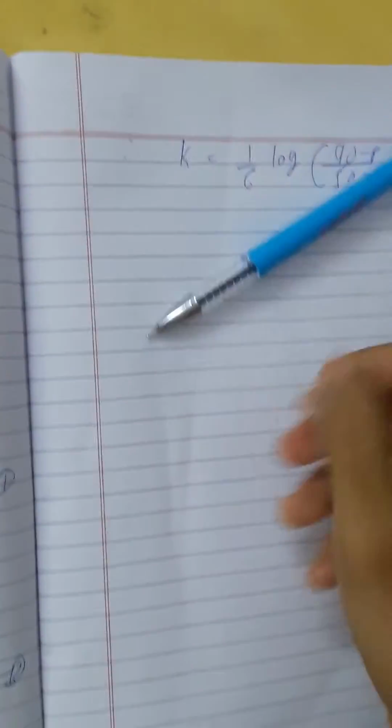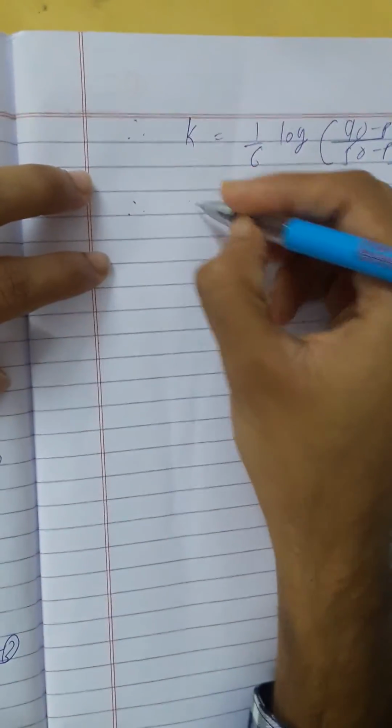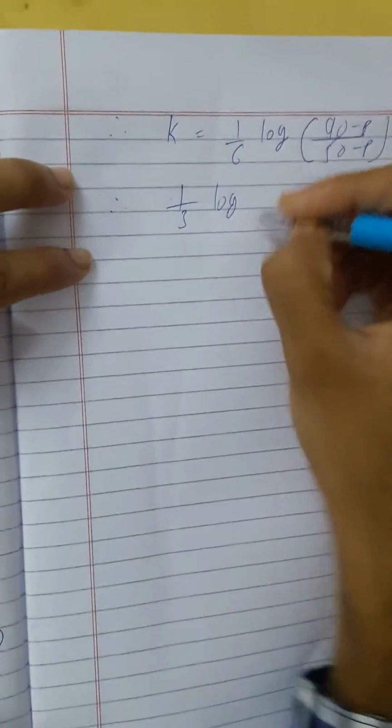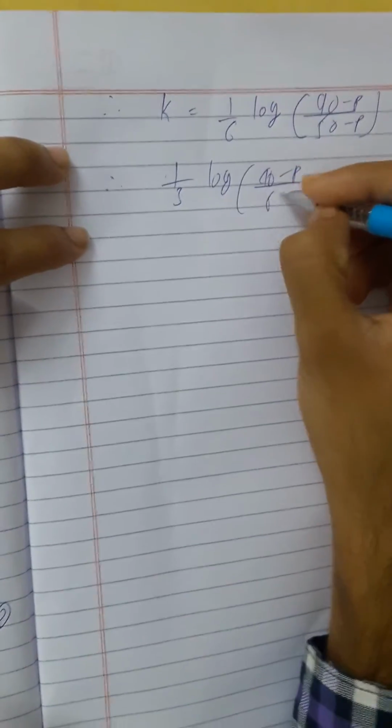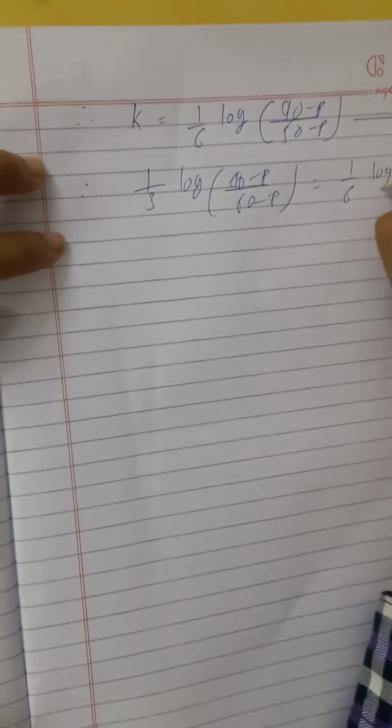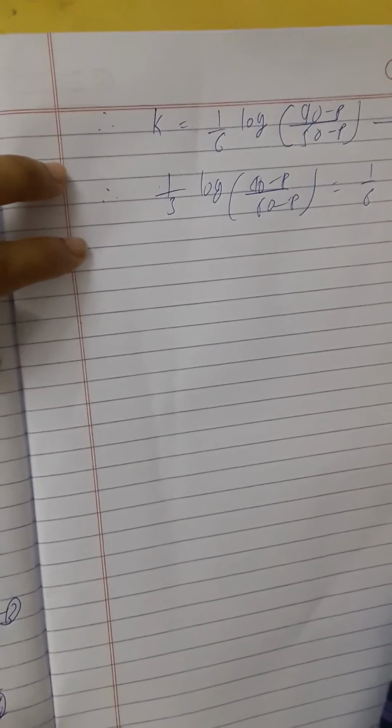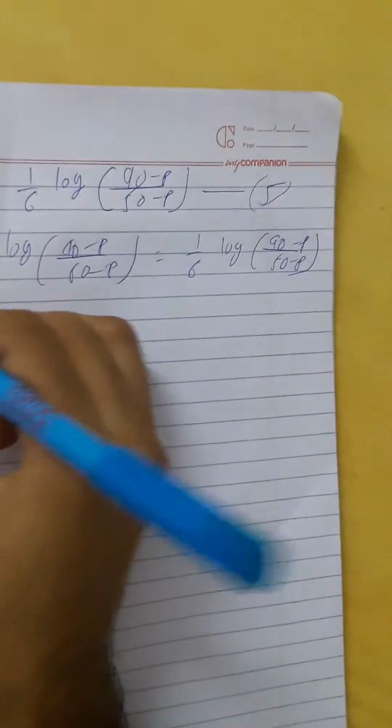We can compare the value of K from equations number 4 and 5. Therefore, we get 1 by 3 log of (90 minus P) upon (60 minus P) equals 1 by 6 log of (90 minus P) upon (50 minus P).